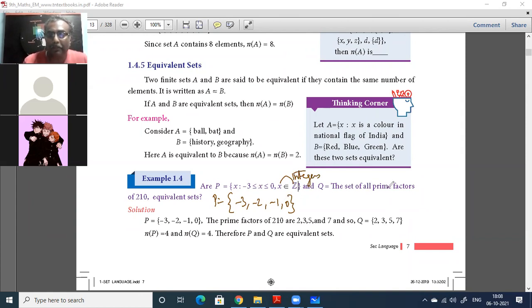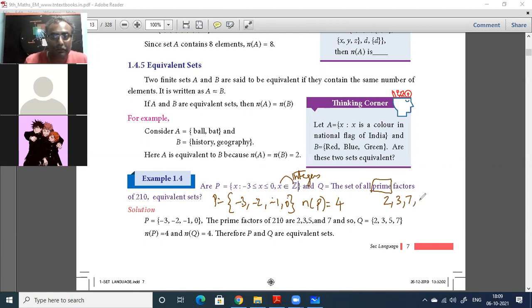Q is equal to the set of all prime factors of 210. Are they equivalent sets? That is what is being asked. How to find out what is n(P)? 4, uncle. Okay. Set of all prime factors of 210. How will you find prime factors, not all the factors, only prime factors. 2 is a prime factor, 3 is a prime factor, then 7 is a prime factor, then 5.